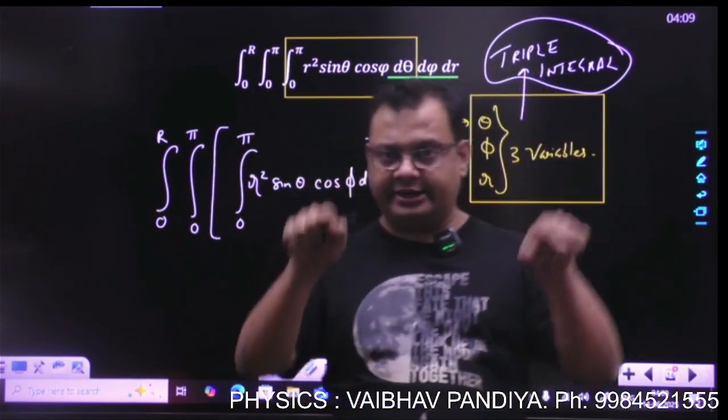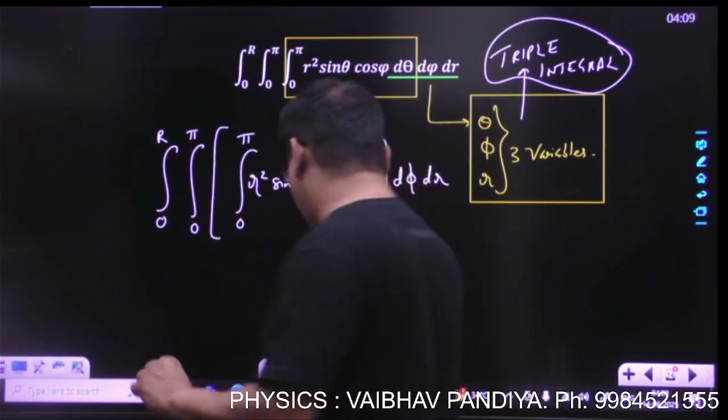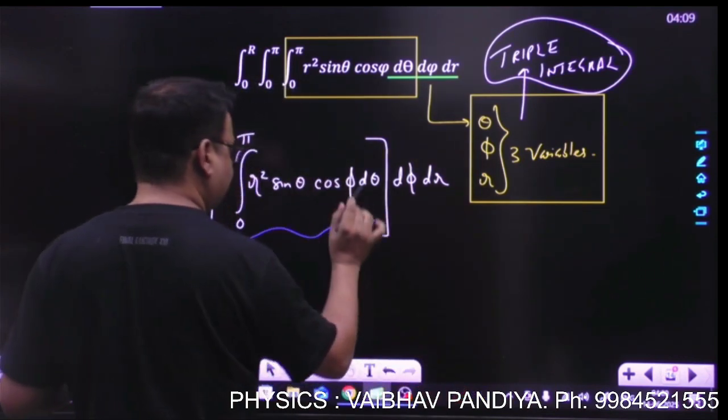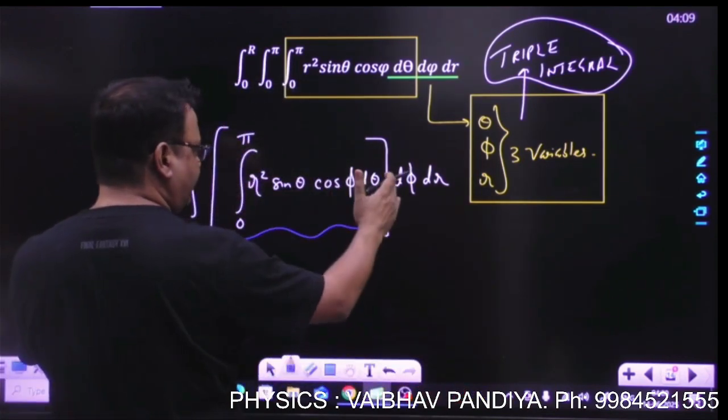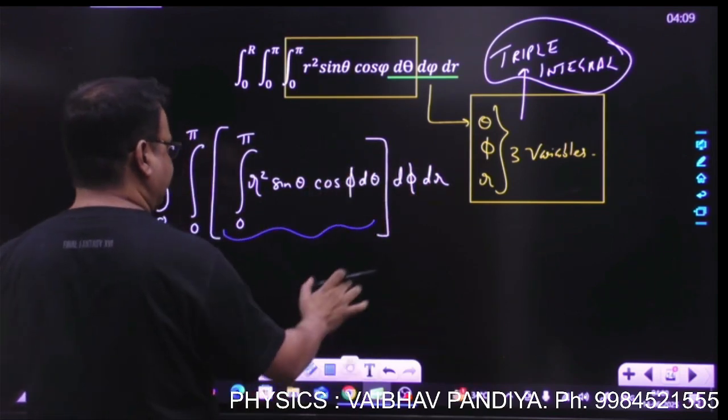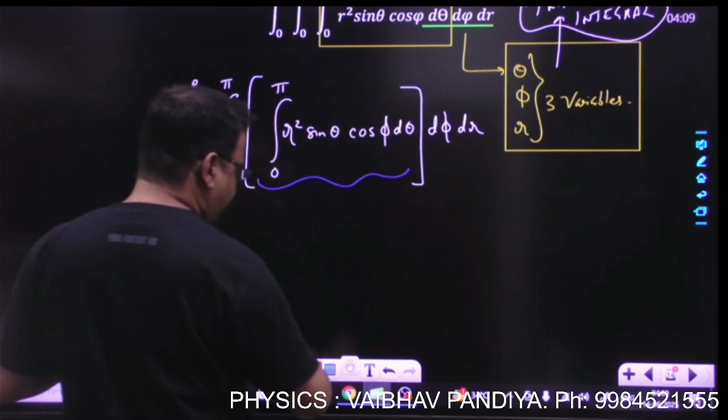I am putting the bracket to emphasize that right now my focus is just this integral. We need not concern ourselves with what is outside, like d phi dr or the initial integral signs.